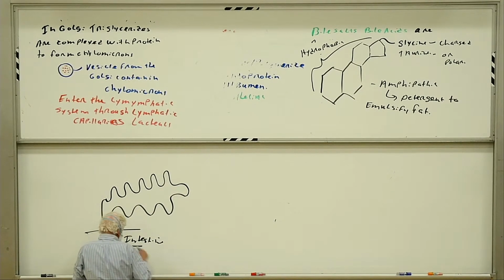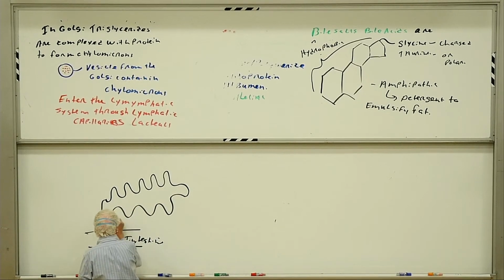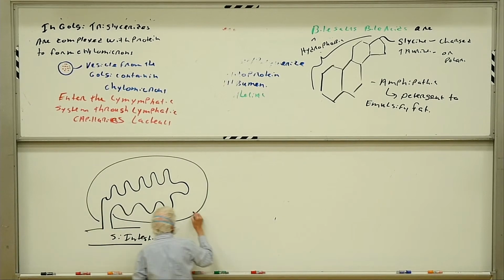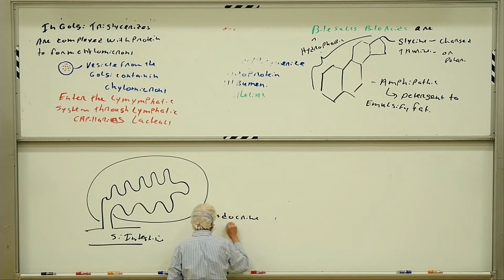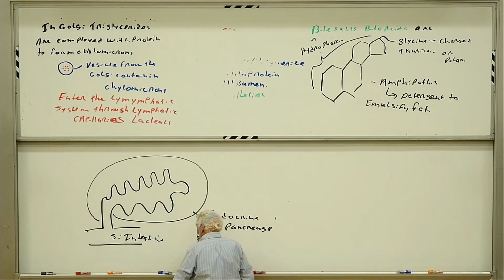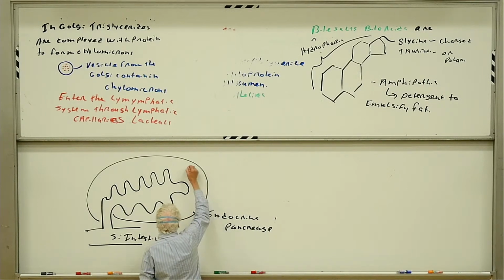Then beyond this region of the exocrine pancreas, there's another region of the pancreas, which we call the endocrine pancreas. And there are regions within the endocrine pancreas which are called islets.